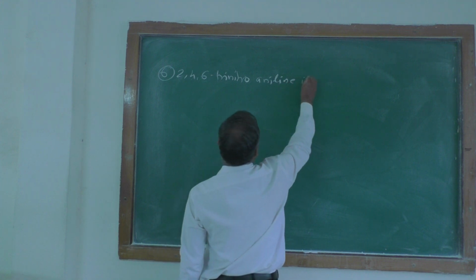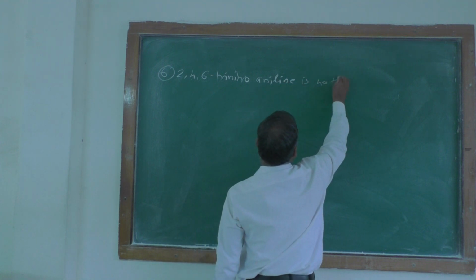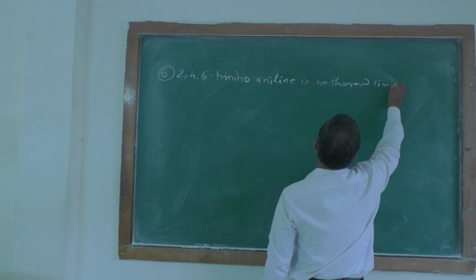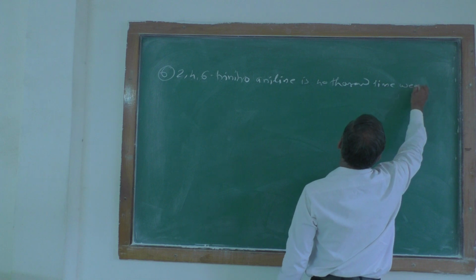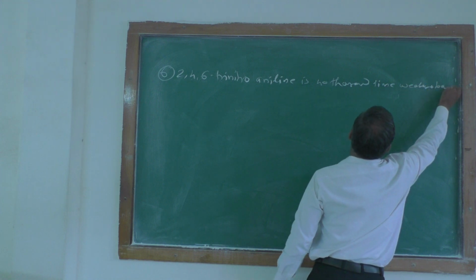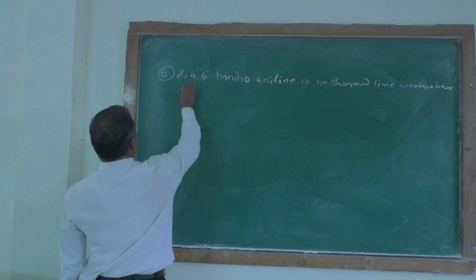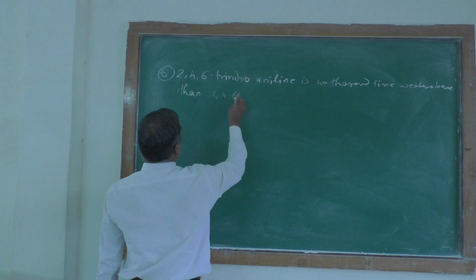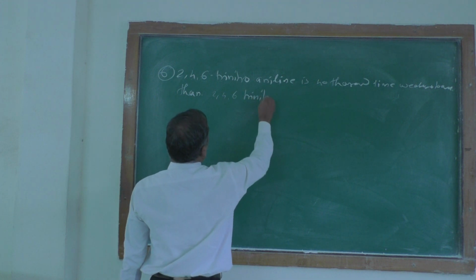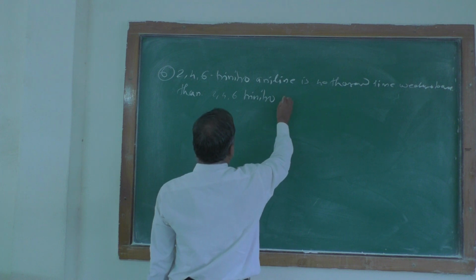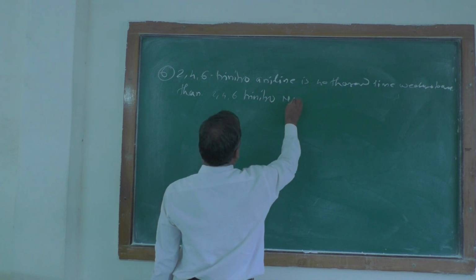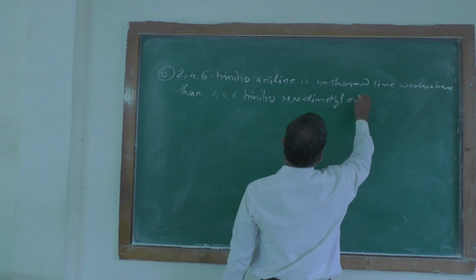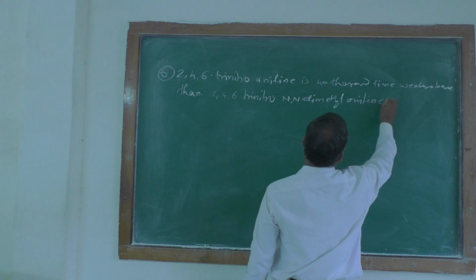2,4,6-trinitroaniline is 40,000 times weaker base than 2,4,6-trinitro-N,N-dimethylaniline.